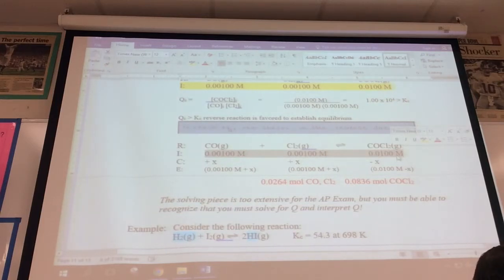It's usually not as complex as something like this, but you have to figure out if the forward or reverse direction is favored. Why are we subtracting 1x from the products? The reverse reaction is favored, and there's a coefficient of 1. We're adding 1x to the reactant. Solving this would be excessive. They won't ask you to do it. But understanding whether the forward or reverse reaction is favored is fair game.